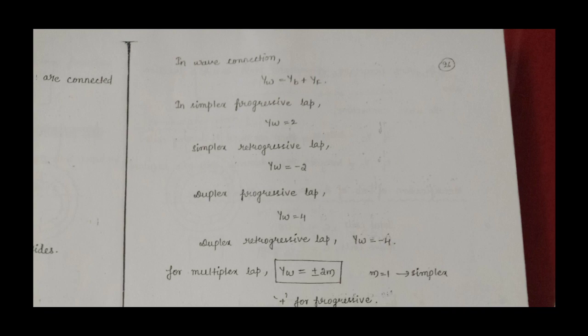YW equals YB minus YF. In a wave connection, YW equals YB plus YF, that is, winding pitch equals back pitch plus front pitch.